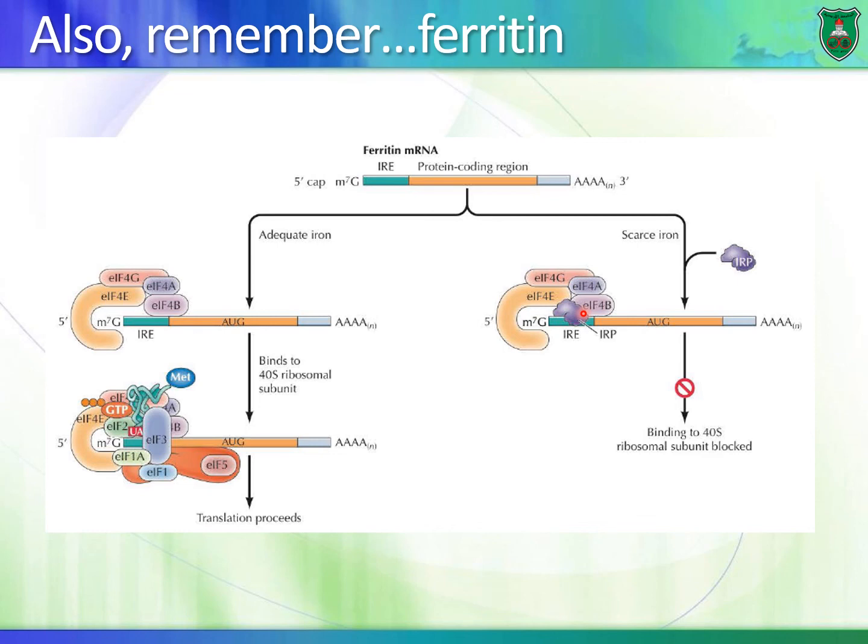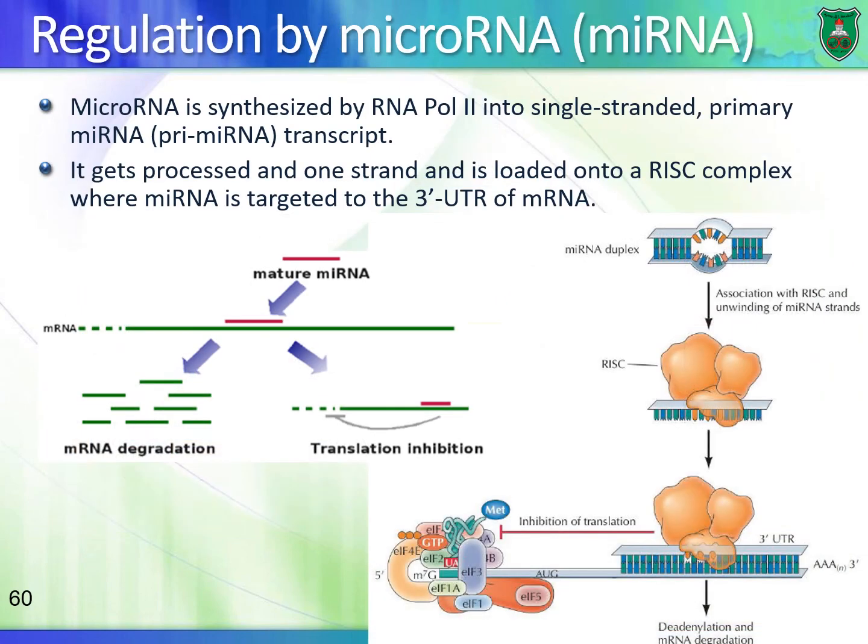But if there's iron, iron would bind to this protein, releasing it from the iron response element. Now you have the formation of the translation initiation complex. You have the large ribosomal subunit coming in, and the small ribosomal subunit coming in, forming the translation initiation complex. So you can go back to that lecture.